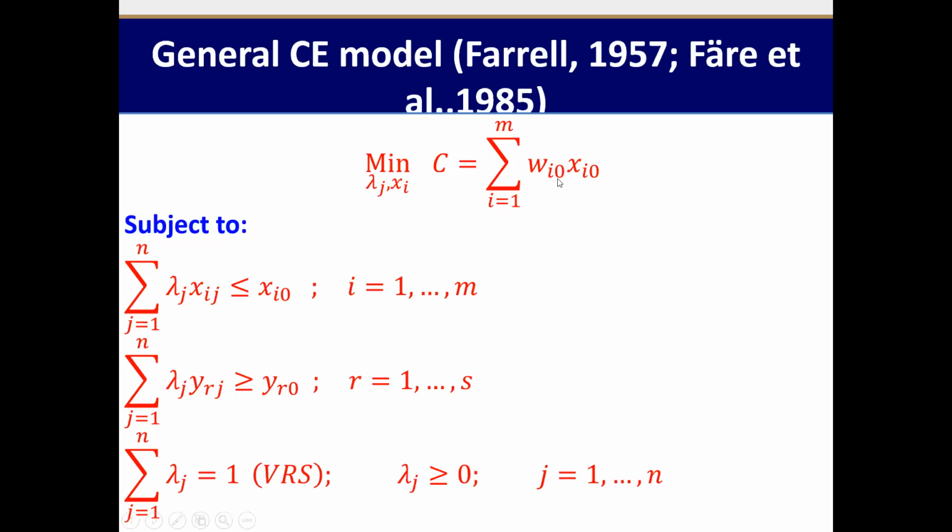For the DMU under evaluation, we always add a naught, the 0, to it to indicate that it is the particular target DMU you are dealing with. The W is the price of the input. The X is the input. The summation sign indicates that you have to sum the input price times the input. Does it make sense? You all understand?